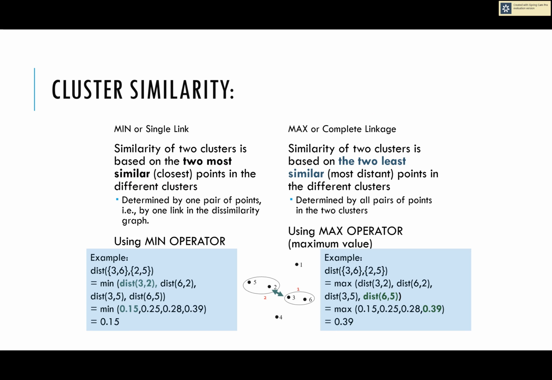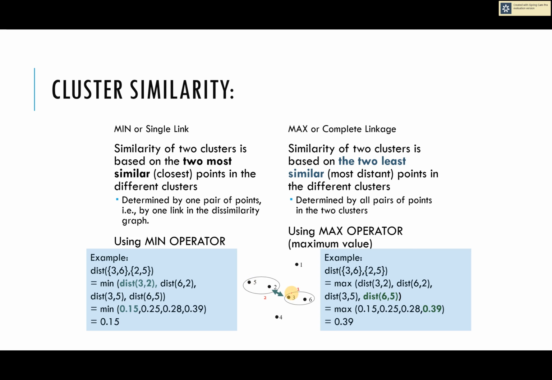So when we talk about this statement here, determined by one pair of points, for example, one link in the dissimilarity graph, okay, meaning that from these two clusters, we are going to determine the distance between each point here. For example, we say that we have clusters of 3, 6 and 2, 5, right?